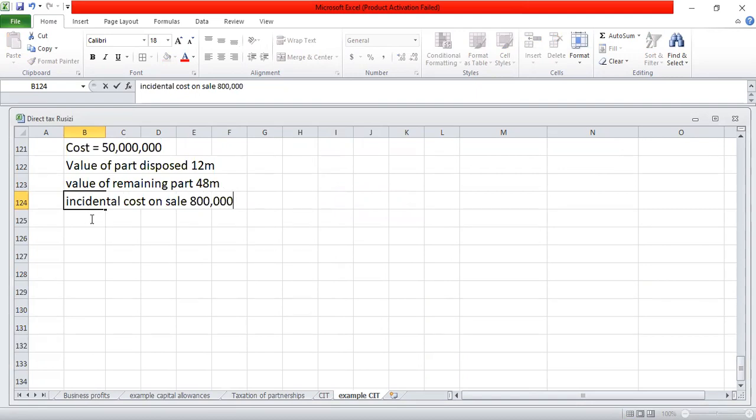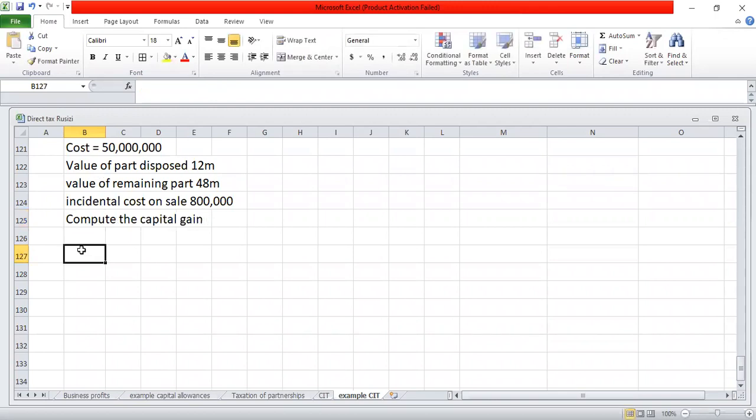Then we're supposed to compute the capital gain. What you need here is the cost of the part disposed.